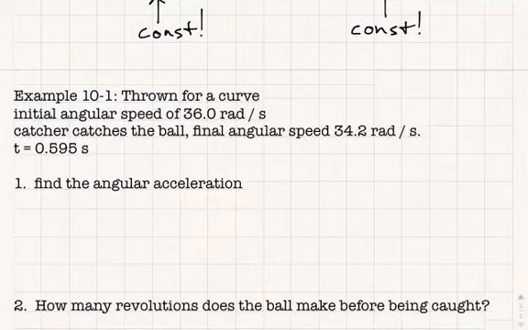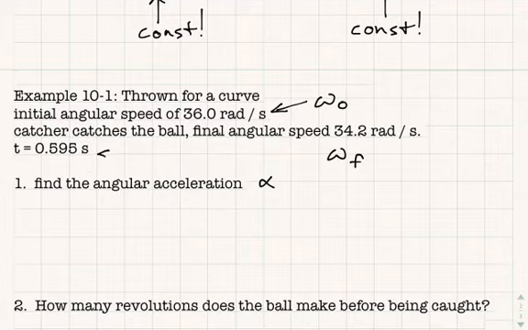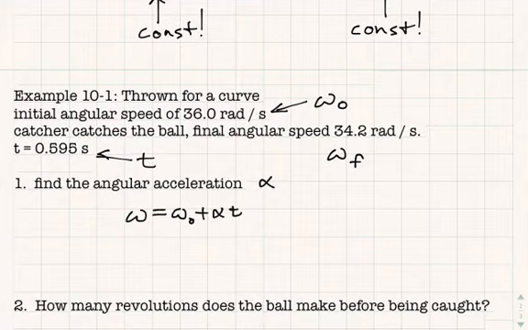In order to get the angular acceleration, we first identify that we want the quantity alpha. We're given an initial omega, and we're given a final omega. We're also given the time. So, we know we have one of the kinematic equations which says omega is equal to omega 0 plus alpha times t.